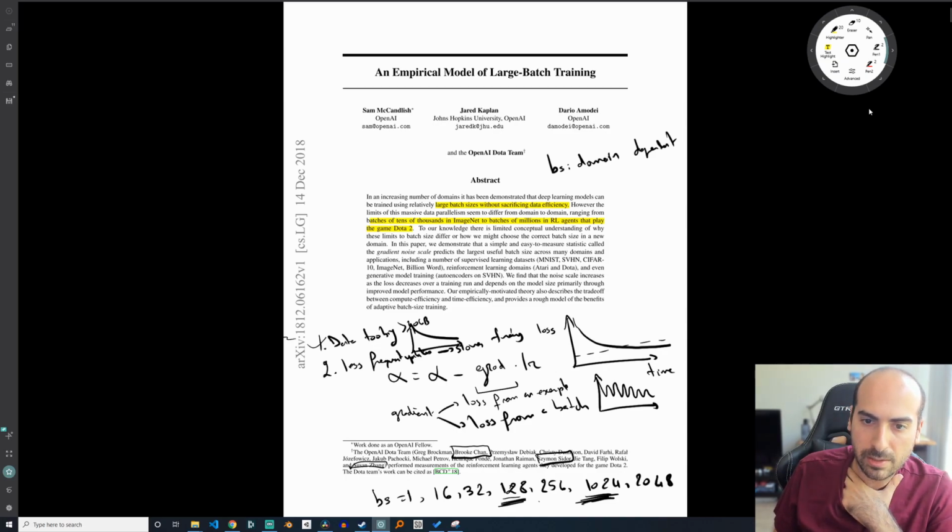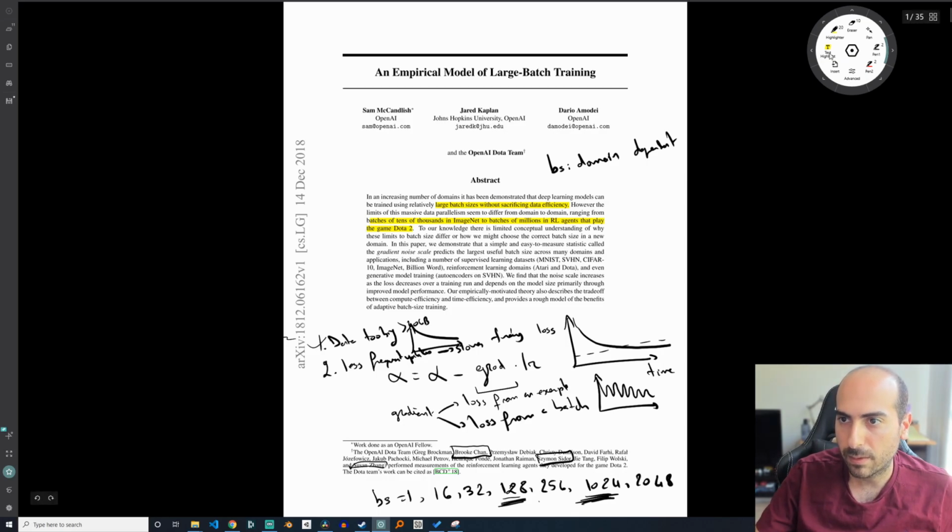So we demonstrate a simple and easy to measure statistic called the gradient noise scale, which predicts the largest useful batch size across many domains and applications, including a number of supervised learning datasets like MNIST, CIFAR, ImageNet, Billion Word, reinforcement learning domains like Atari and Dota, and even generative model training such as autoencoders.